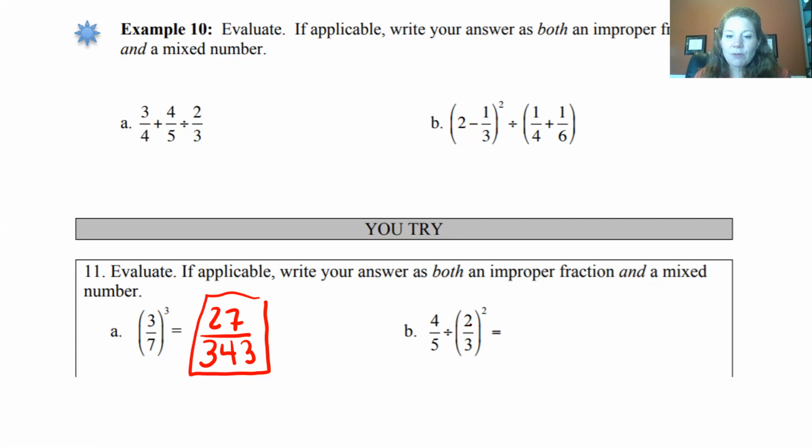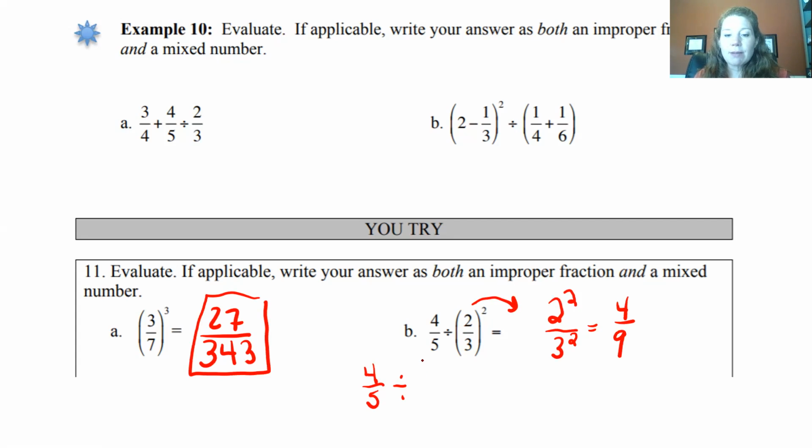So letter B, before we divide, we're going to square 2/3. So we're going to multiply. So I'll just leave 4 divided by 5 by itself, divided by. And then right here, we'll think, okay, what's 2 squared, or 2 times 2, over 3 squared, or 3 times 3? So we get 4/9.